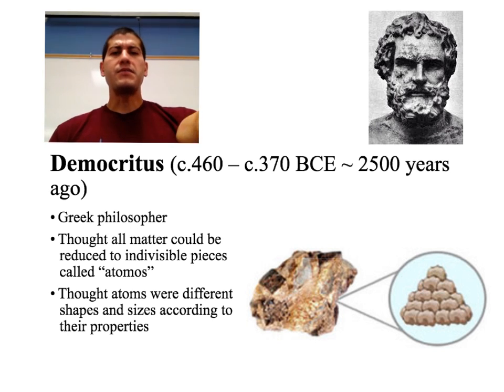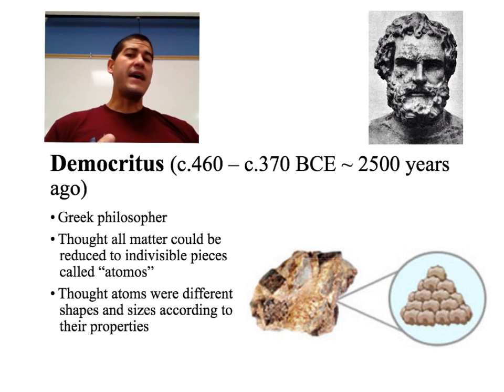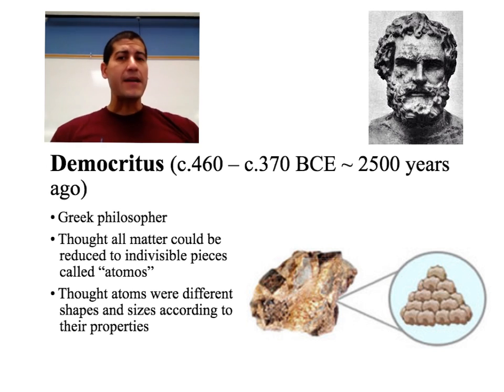Now, Democritus thought that everything was made of atomos, and that different atomos, or atoms, had different properties based on what they were. So, for example, a stone might have atoms that were very, very hard and had jaggedy edges, which were difficult to separate. Or he thought that salt atoms must be very sharp because salt has a bitter taste.